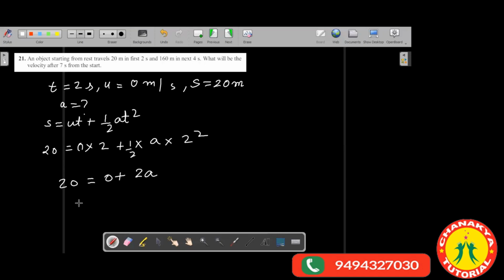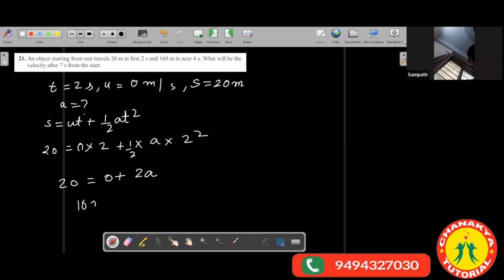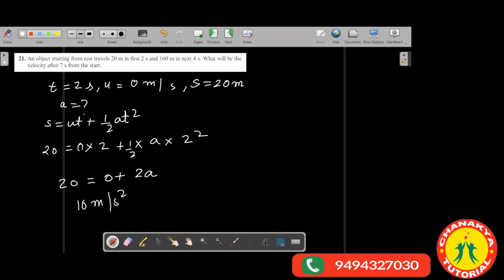And hence acceleration will be 10 meter per second. Okay.